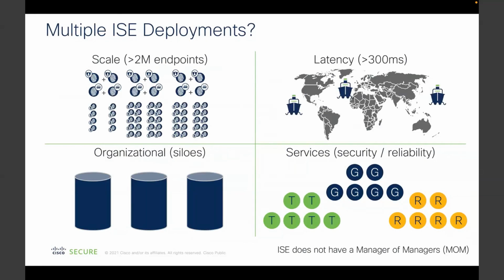The other reason is earlier we talked about latency, right? So if you have WAN links, you're just not willing to pay for faster WAN links to get that latency under 300 milliseconds, or you're in a place that you just can't buy a fast enough WAN link. You just can't put a PSN out in one of those locations.